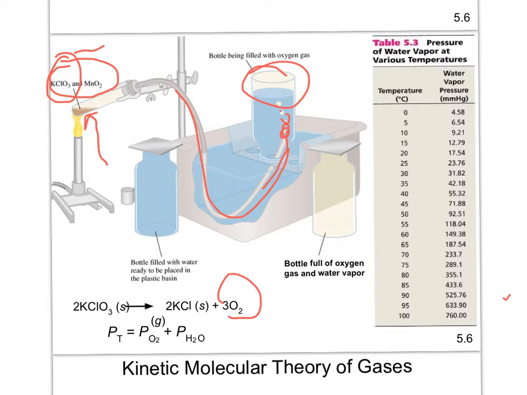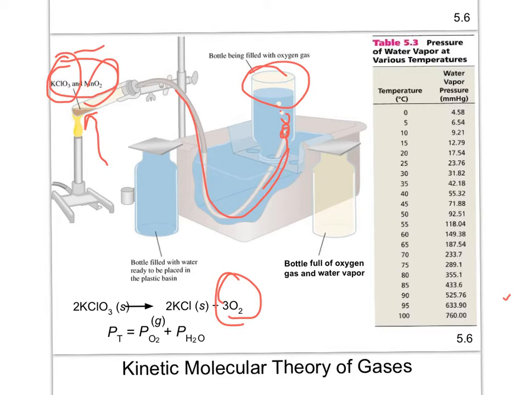Now, I don't believe in 10th grade we really accounted for this, but the reality is you don't actually have pure oxygen gas in there. Oh, and by the way, the potassium permanganate is just going to be a catalyst. Now, this reaction produces pure oxygen gas, but you're not actually collecting pure oxygen gas.